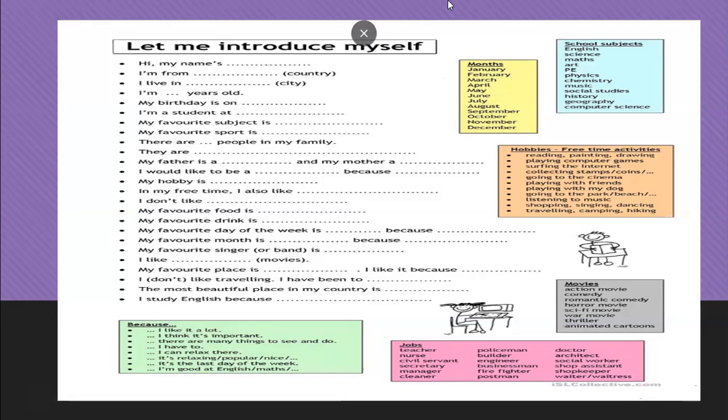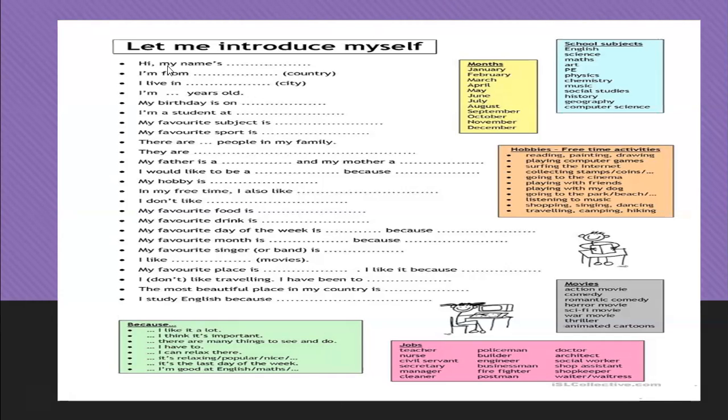Okay, so in this page, you have many prompts or many phrases that you can use to introduce yourself. These are the common ones that people use to talk about themselves.